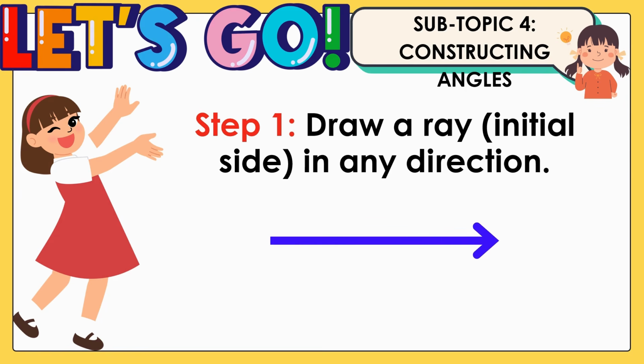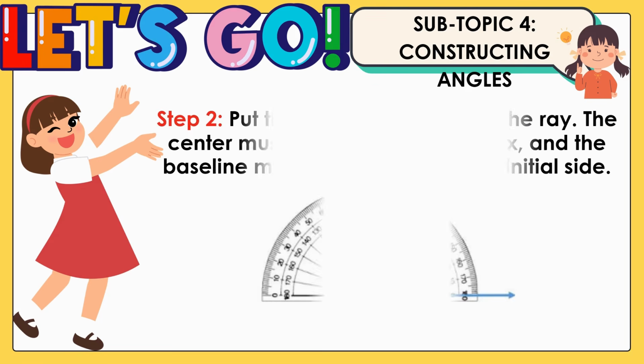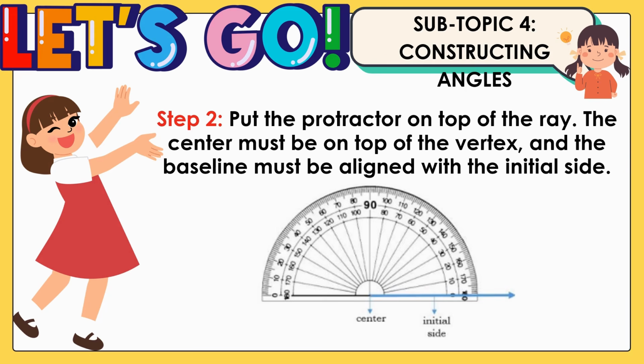Draw a ray or initial side in any direction. Step 2. Put the protractor on top of the ray. The center must be on top of the vertex and the baseline must be aligned with the initial side.